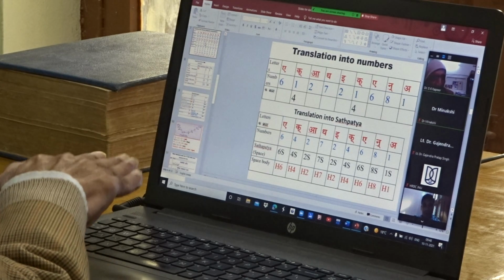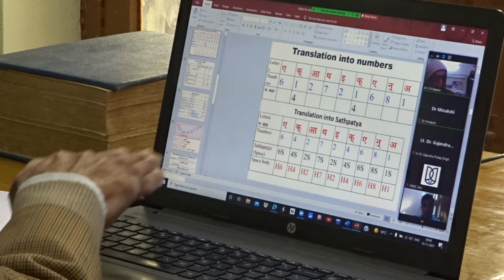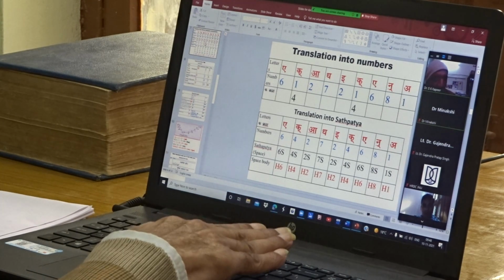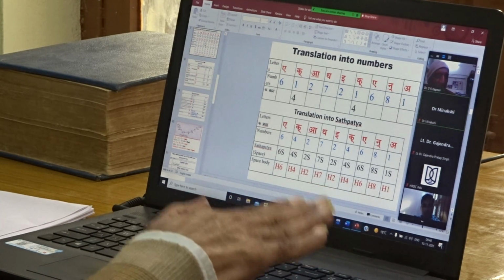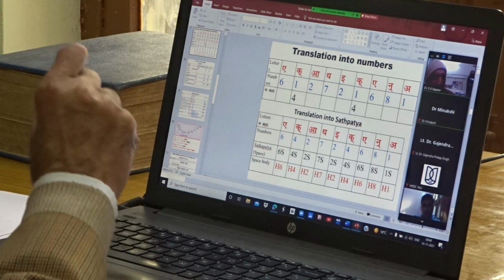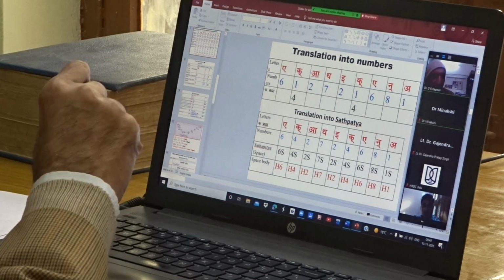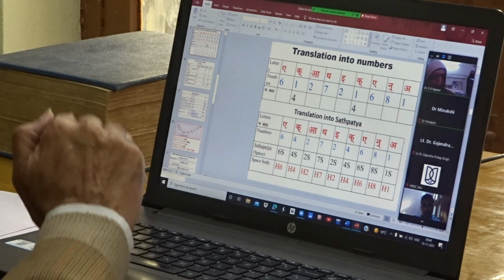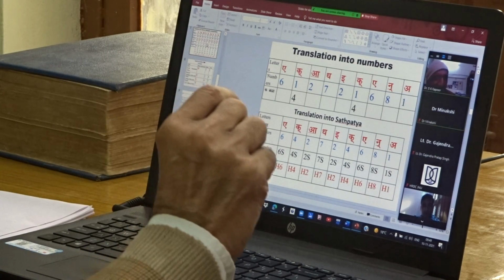So firstly from letter sounds we are reaching at the numbers values, and then at the next step we are reaching at sthapatya, the geometric formats. So these numbers, say 1 to 9, are having geometric formats. These are 1 space to 9 space.